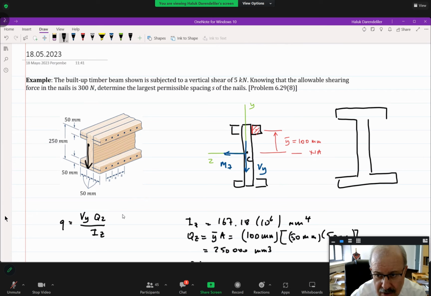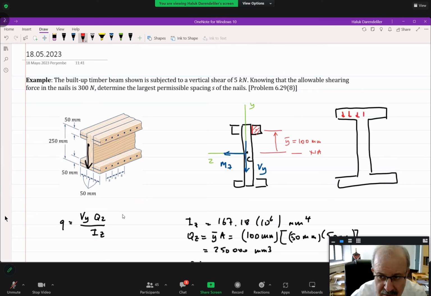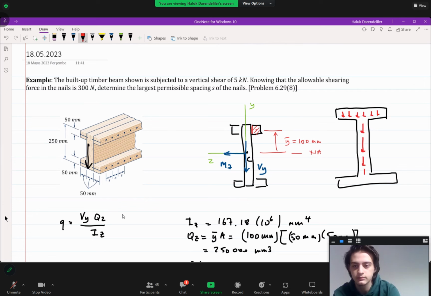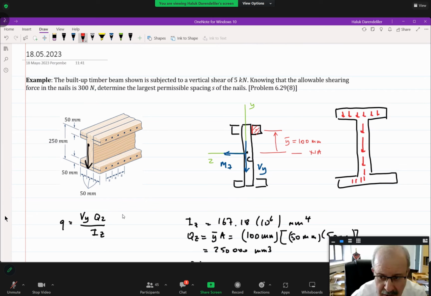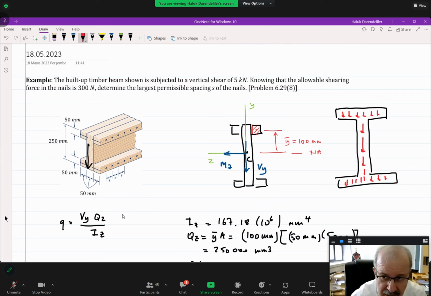Because of this, we have such shearing stresses, right? Zero at the top, here increasing like that, then decreasing, and these are the shearing stresses. But since there is a nail here, the forces created by these shearing stresses are transmitted to the other through the nail.